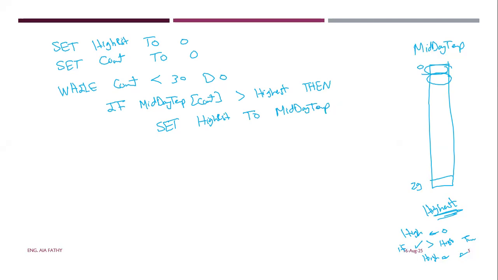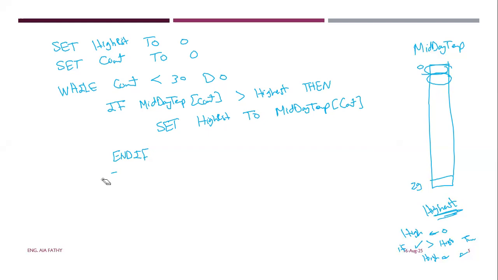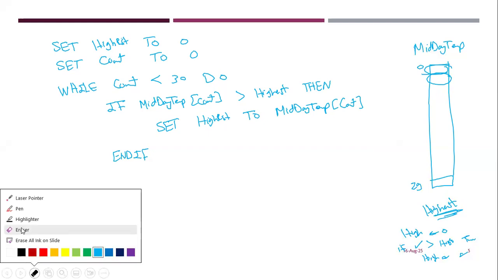So we will assign midday temperature to the highest if it is more than the highest. Okay, and don't forget inside the loop to increment count. Set count equal to count plus 1, not to have an infinite loop.